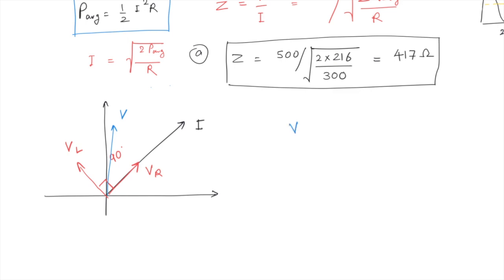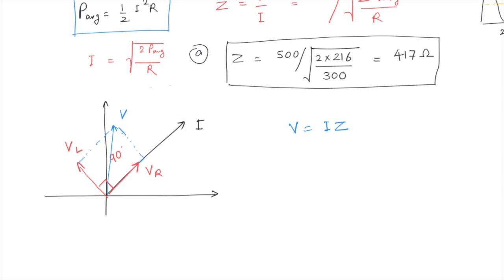So this voltage is given by I multiplied by Z, and if we look at the geometry, I can take these two vectors.